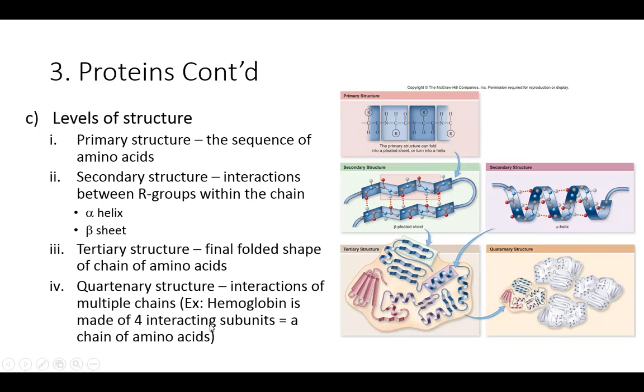So it's made of 4 interacting subunits, and that's what makes up its quaternary structure. Each subunit is an individual protein that has its individual tertiary structure, but together they make a hemoglobin molecule.